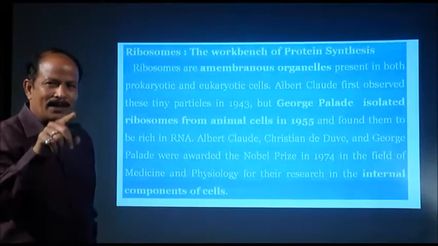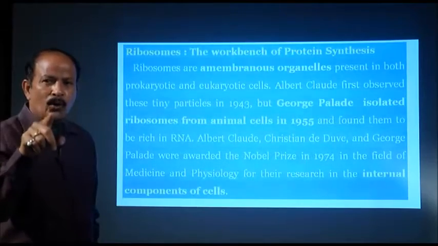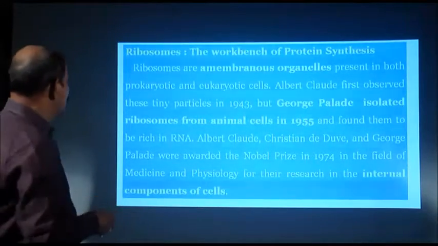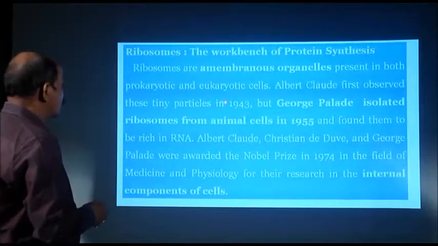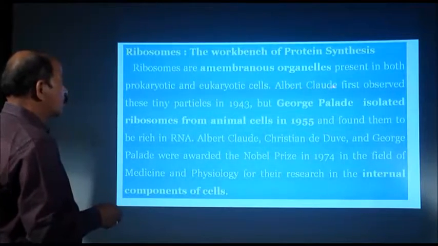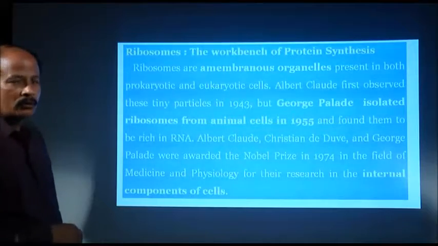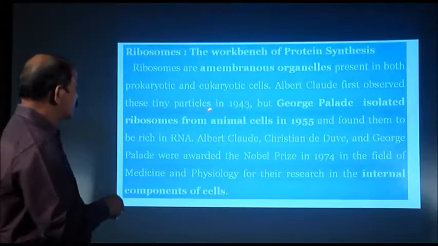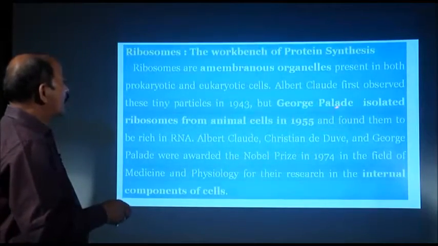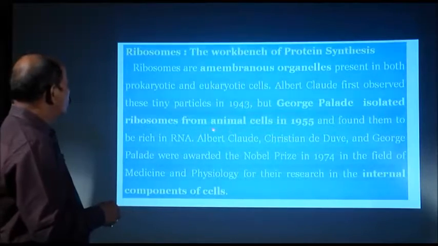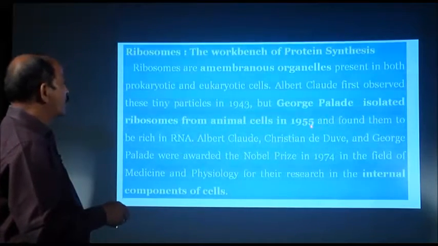That is why it is called ribonucleoprotein particles, right. In 1943, Albert Claude observed these tiny particles, but he could not do anything further. But George Palade isolated these from animal cells in 1955.